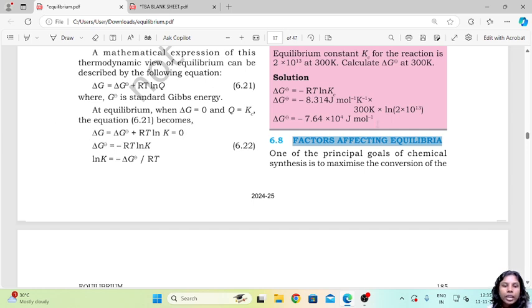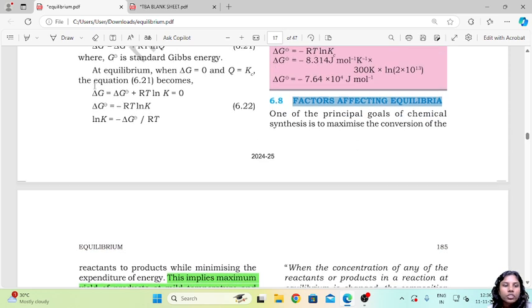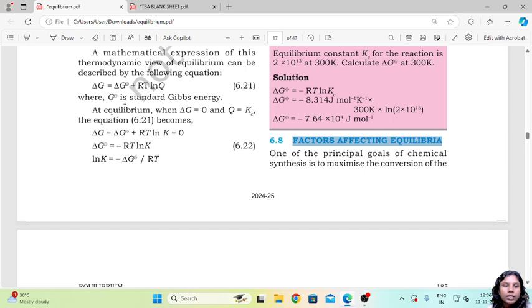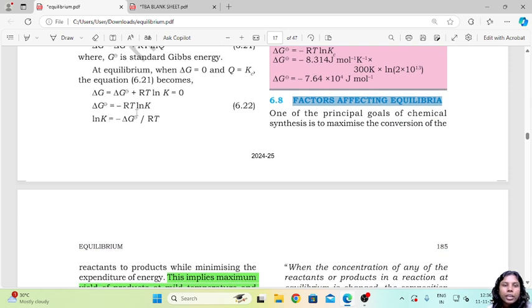So, over here we can alter this equation. Delta G, which we consider as 0, equals delta G naught plus RT ln Q, and Q becomes Kc. Now, on rearranging, if this is equal to 0, the plus part, if we take it to the other side, will become minus. So, we will have delta G naught equals minus RT ln K. Now, ln K will be equal to this.